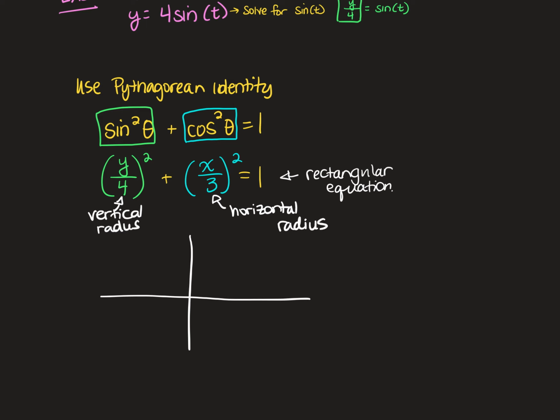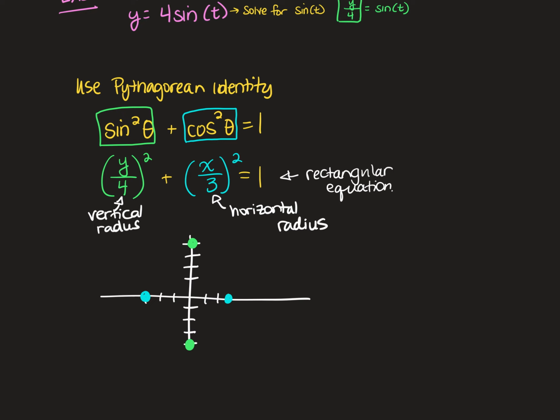So that means that vertically, I'm going to go up 4 and down 4 from the center. And then horizontally, I'm going to go left and right 3. And what I end up with is this ellipse.